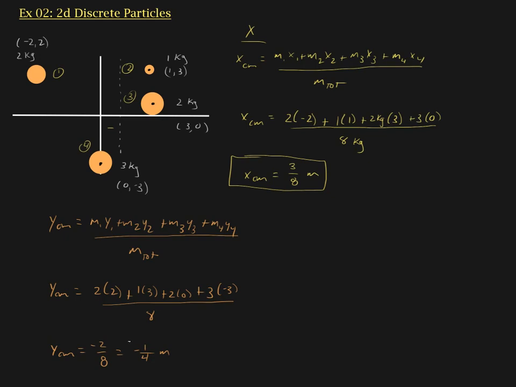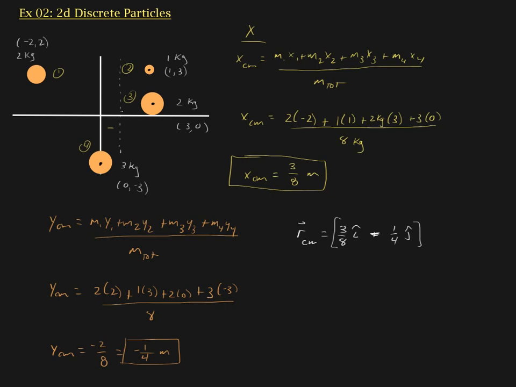meter. Okay, so our location for the center of mass, so RCM is equal to 3/8 i hat plus or minus 1/4 j hat, and then from there you can figure out what is the magnitude and what is the direction.